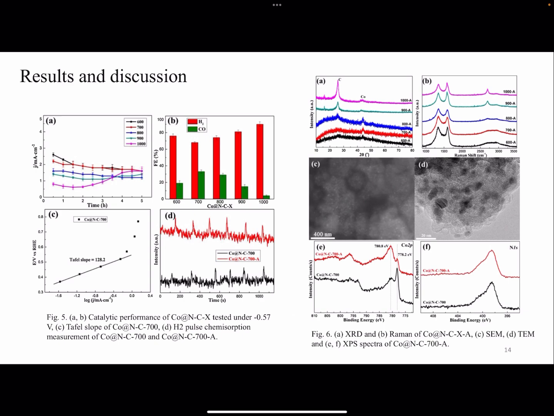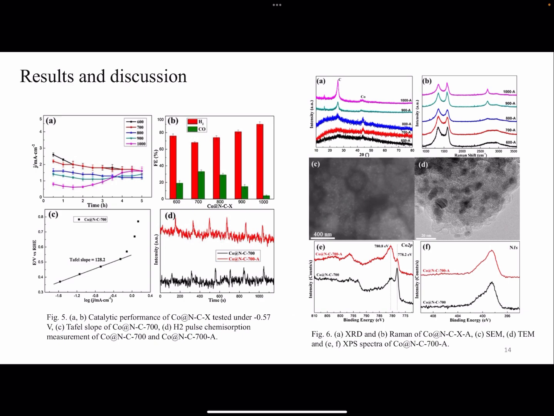And in image C, the authors measured the Tafel slope. This value tells us that the rate determining step is the first electron transfer to CO2. So the key to better performance is enhancing these electron transfers while inhibiting the competing reaction.